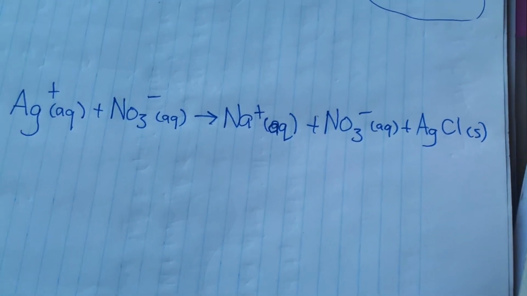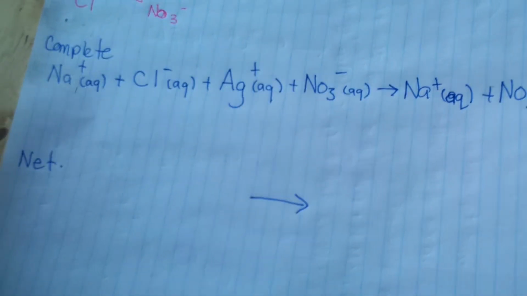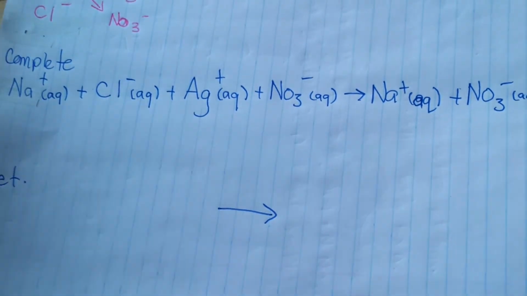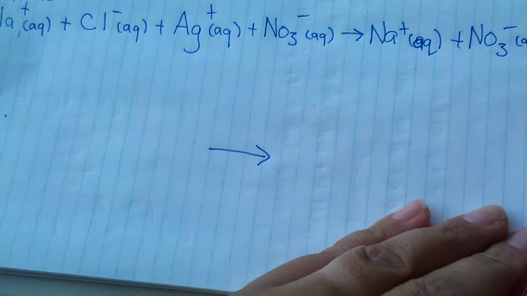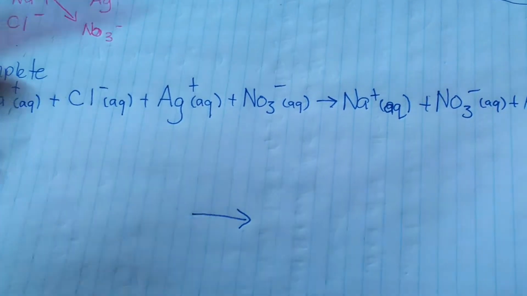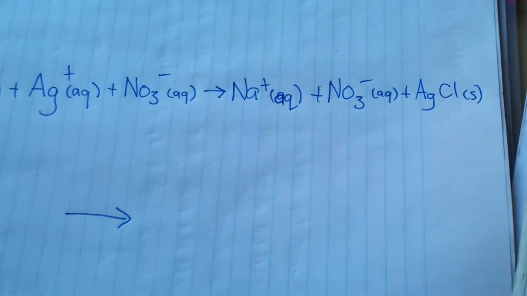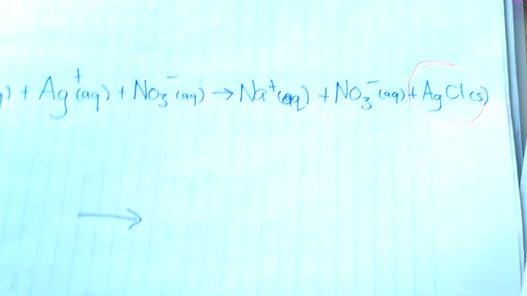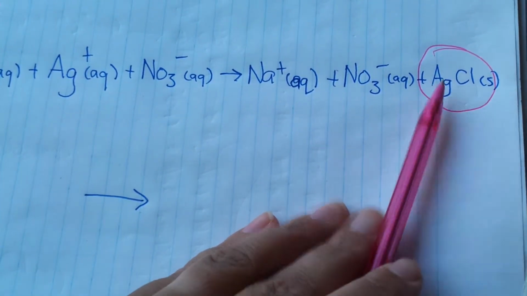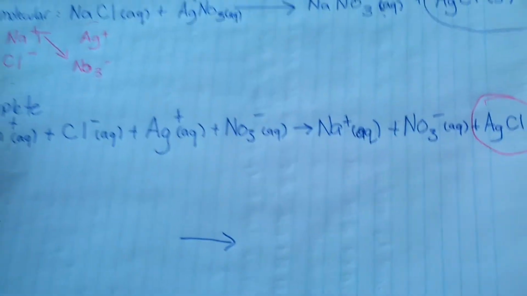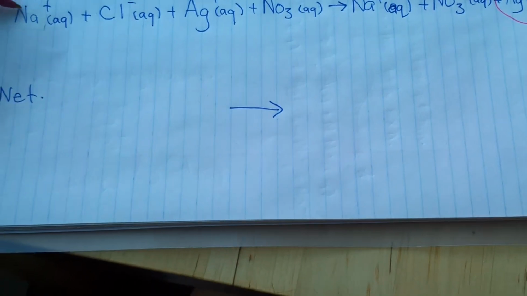So for our net equation, I'm just going to put my arrow here right now. We have what are known as spectator ions. Spectator ions are things that do nothing in the equation. They really just hang out and add bulk. What's important in our equation is our silver chloride, because that's a solid. We know it's never going to break down again. So for the rest of the equation, we take a look at the whole thing, and we're going to start with sodium.